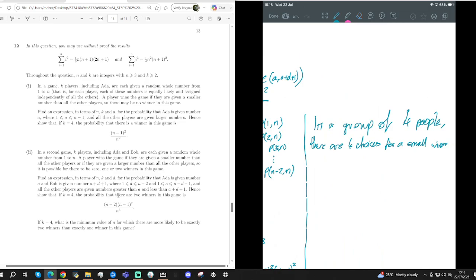Small winner. Then 3 choices left for a big winner, which means there are 12 winner combos.